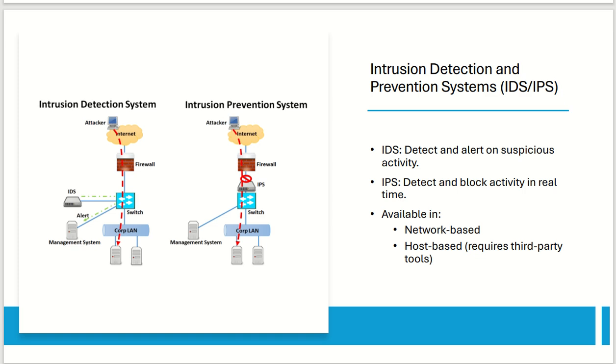But the security camera will not stop you from taking the selfie. That's how an intrusion detection system works. It detects and alerts of any activity that's suspicious, and then you have to take the responsibility of stopping this.